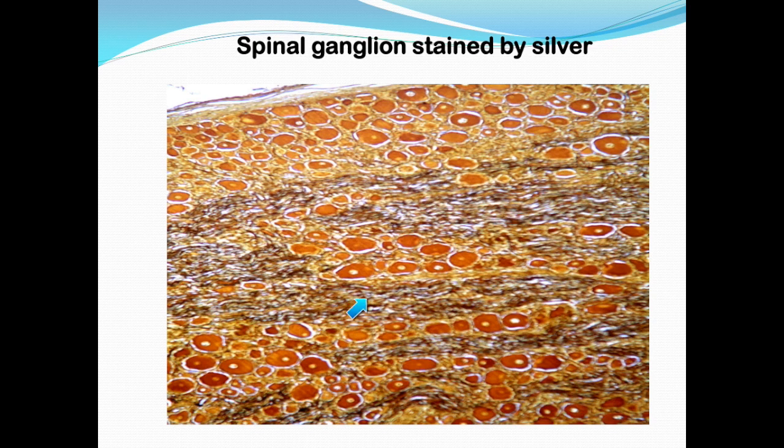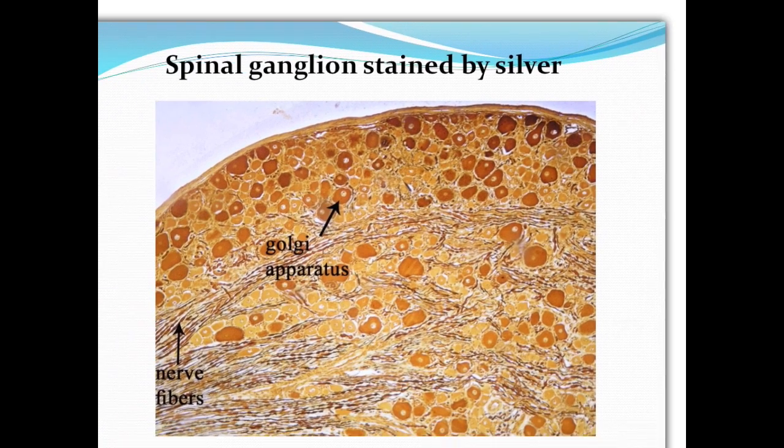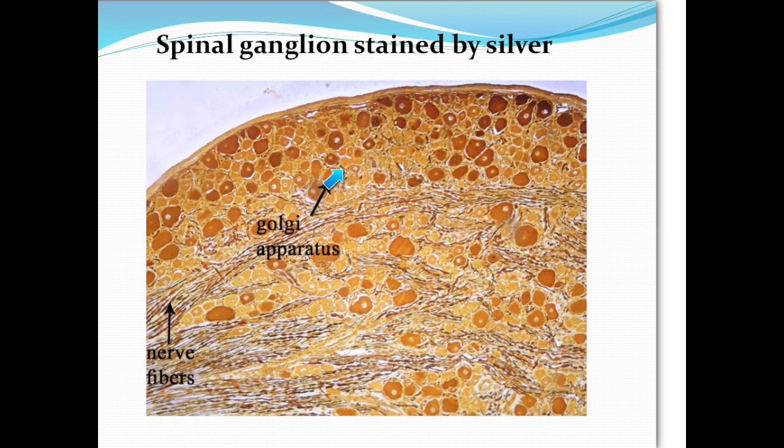Why do we have brown coloration here in the nerve fibers? Because in the nerve fibers we have the neurofilaments, which are stained brown by silver. This is another picture showing the spinal ganglion stained by silver. How did you diagnose that it is a spinal ganglion? Because of two things: number one, the arrangement of the cells in the form of groups or rows.